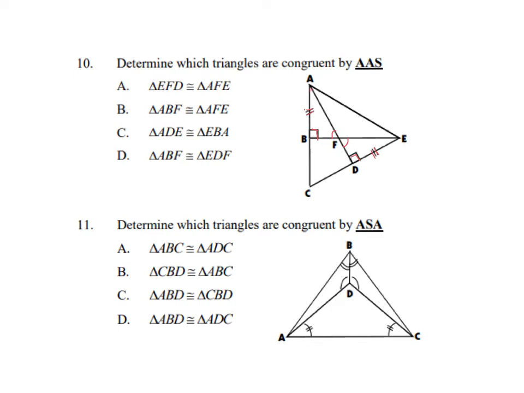And so what we are looking at is this triangle here and this triangle here, making sure that the B and the D are the right angles, that they correspond. The correct one that we're looking for is choice D.